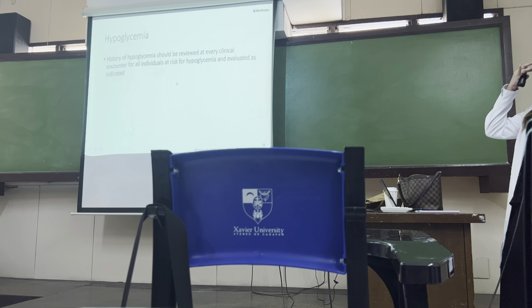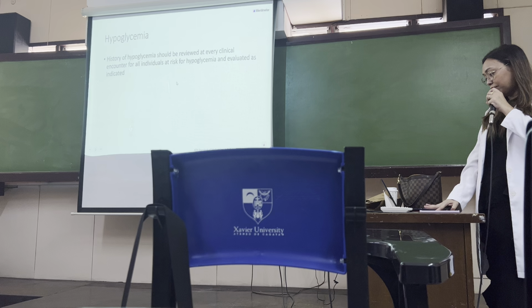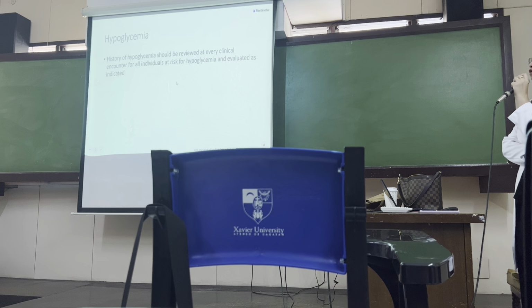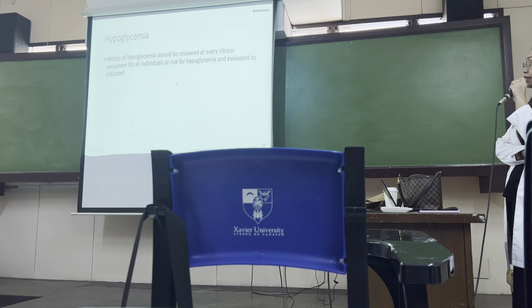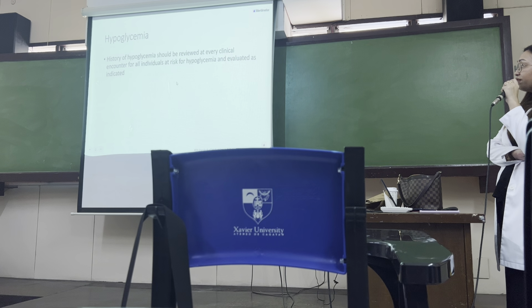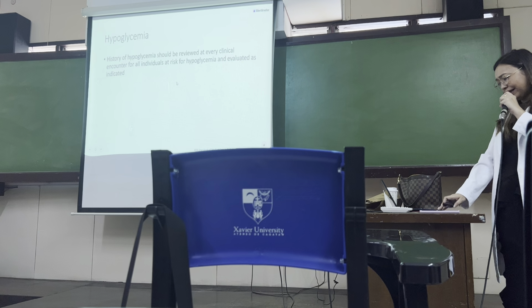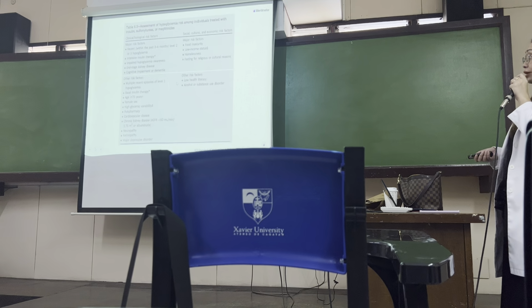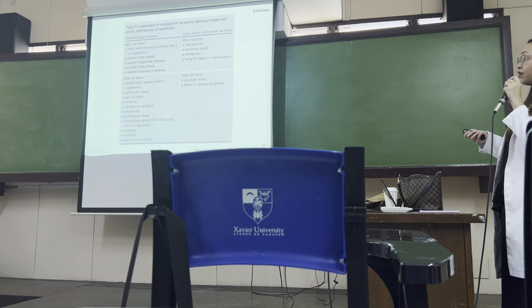Now, for hypoglycemia, we have to assess for the risk of hypoglycemia. So, the history of hypoglycemia should be reviewed at every clinical encounter for all individuals at risk for hypoglycemia and evaluated as indicated. Who are these patients who are at high risk? The major risk factors are the following. Those with recent level 2 or level 3 hypoglycemia.